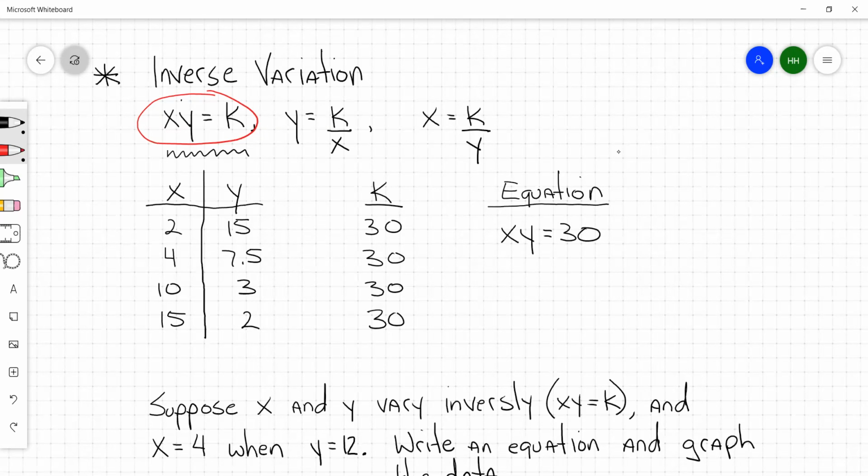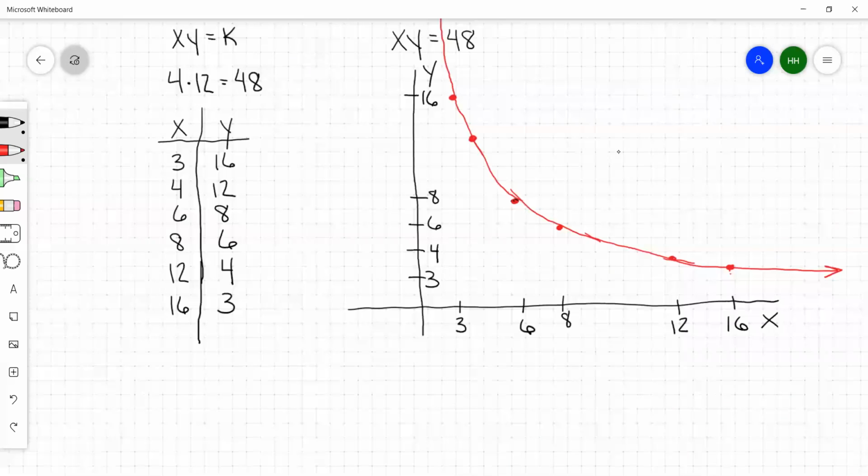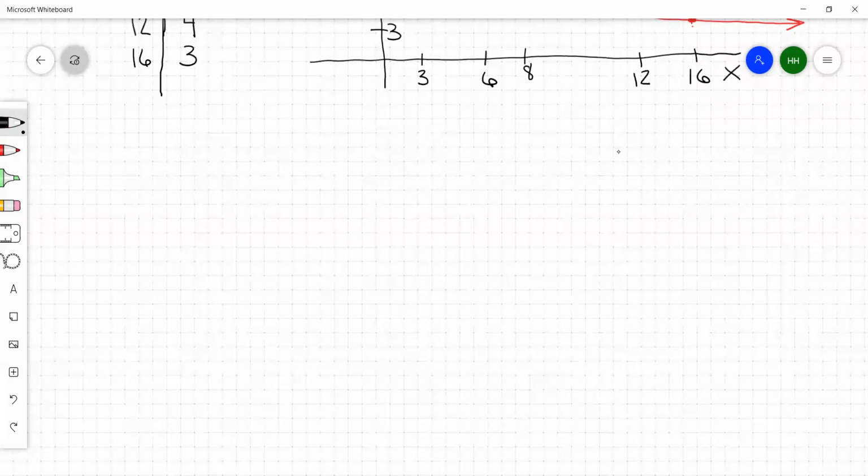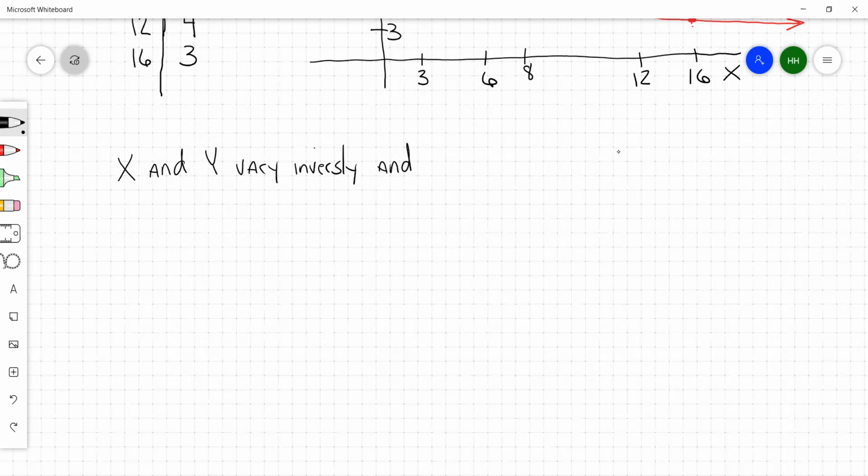If they only give you a couple of data points, then you choose the other data points. Here's what I mean. Let's say that x and y vary inversely, and x equals 8 when y equals -7.